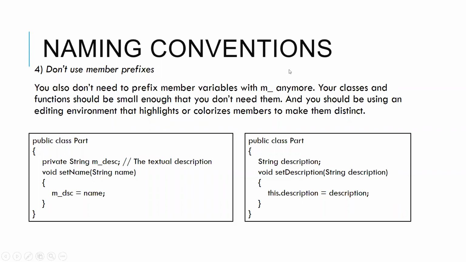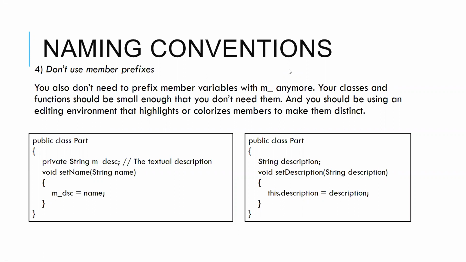They tend to highlight or colorize members to make them distinct from other variables. So while writing code, it would be very easy to identify which variable is a member variable and which is not, just by the color of the variable.